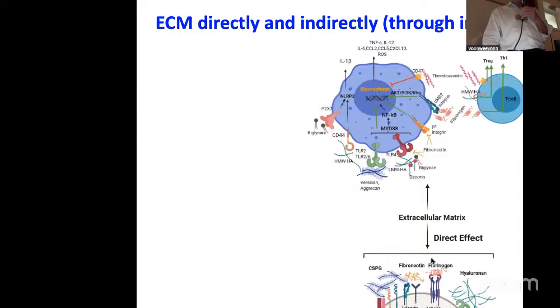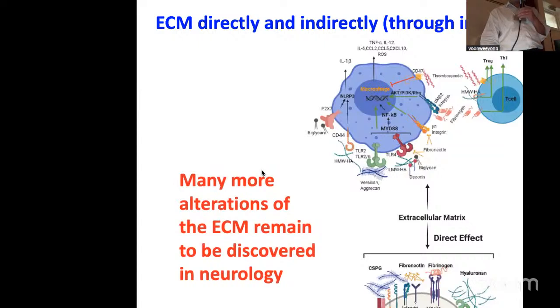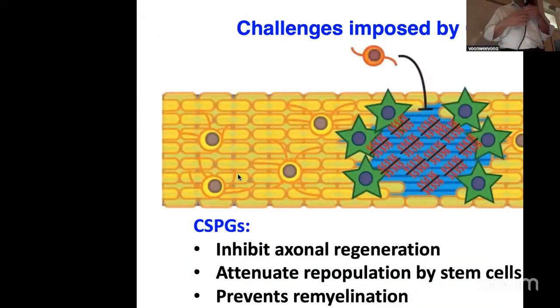remind you that members of the extracellular matrix can directly impair oligodendrocyte biology, but there are also indirect effects through the ECM engaging immune cells that then affect oligodendrocytes, such as the Th17 killing of oligodendrocyte precursor cells, and that many more alterations of the ECM remain to be discovered in neurological conditions.